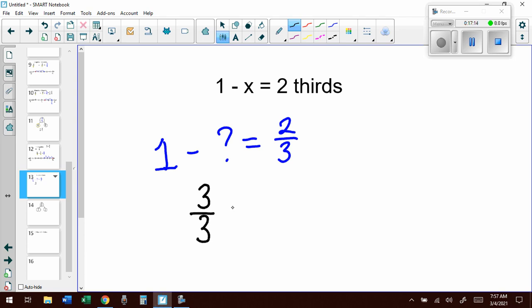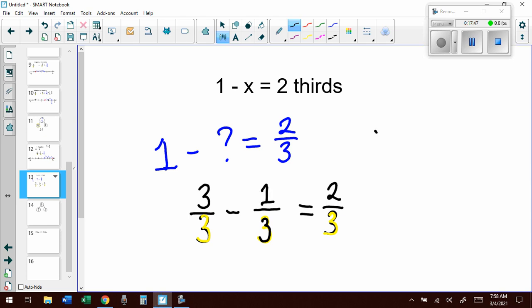So here we have 1, which would equal 3/3, minus what equals 2/3. So obviously we're dealing with like denominators. So here we can already fill that in. Since they're like, 3 minus what equals 2? 3 minus 1.